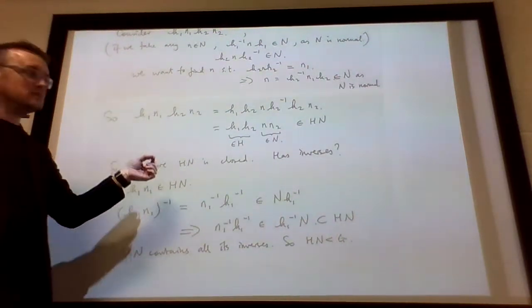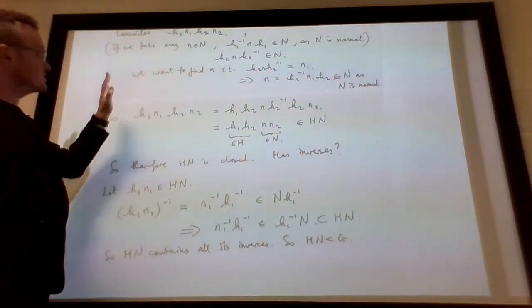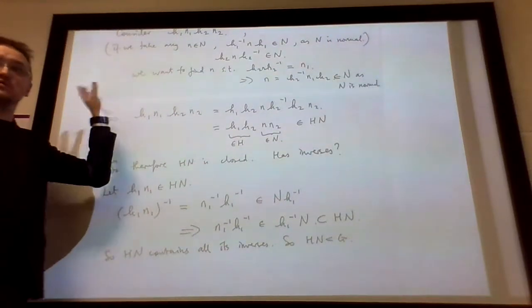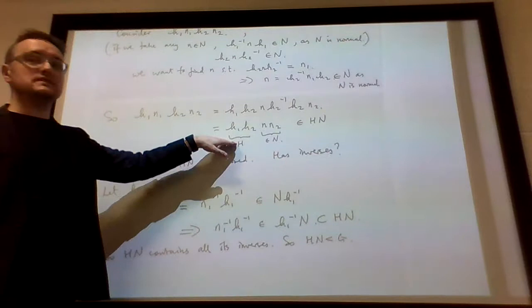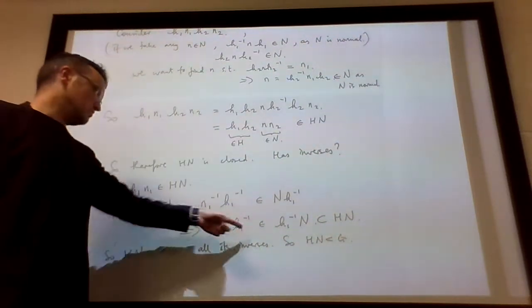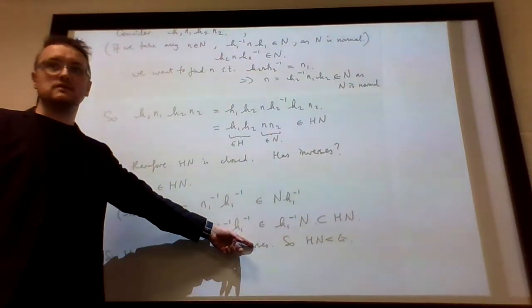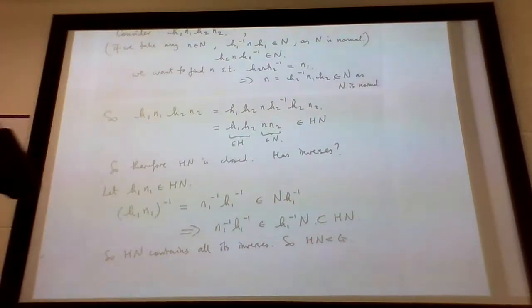But if it's not an abelian group, and H and N were just two subgroups, and you didn't know about normality of one of them, then you wouldn't be able to get this closure condition out. And you probably wouldn't be able to get the inverses condition out either. So the normality of one of them is required.